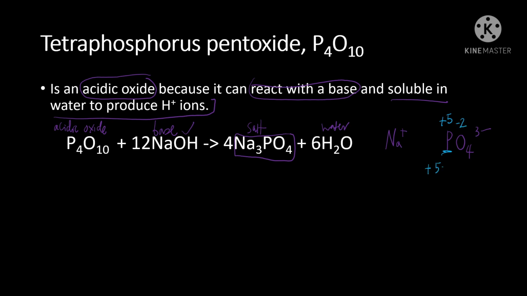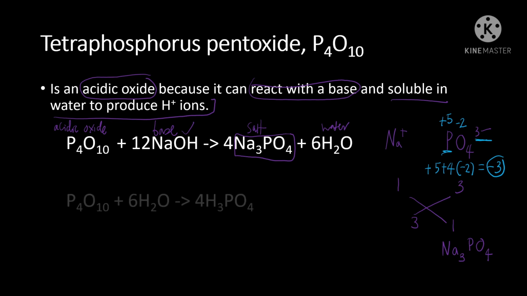Positive 5 plus 4 multiplied by negative 2 give us negative 3 as the total charge of the phosphate ion. Then sodium ion with the charge positive 1, 1, phosphate ion with the charge 3 minus, 3, cross we get 3, 1. Therefore, the chemical formula for sodium phosphate salt is Na3PO4.